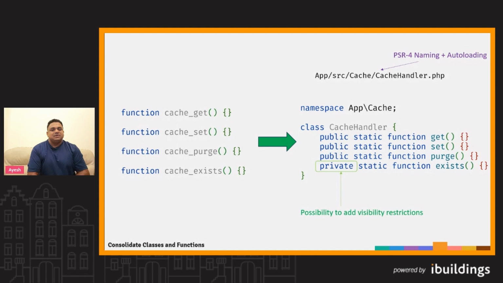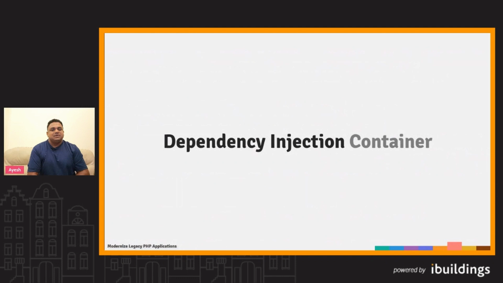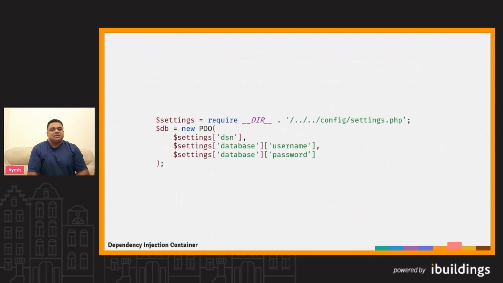Now that we have all of the dependencies extracted, we can use what we call a dependency injection container. The idea is that on the db.inc file, we take the configuration from the settings.php file, but what we do on this step is, what if we consolidated these things?